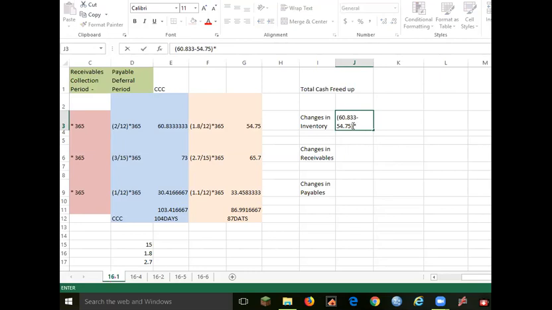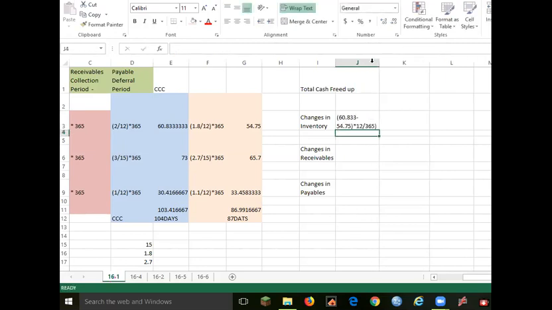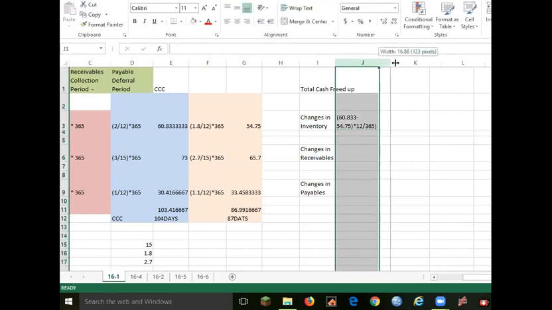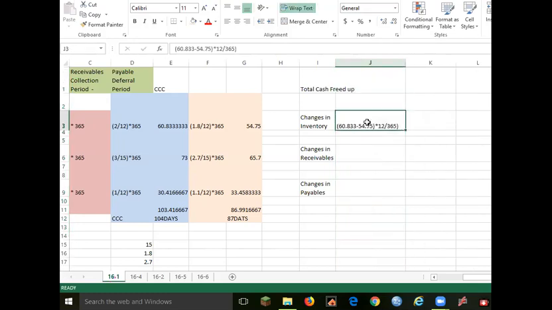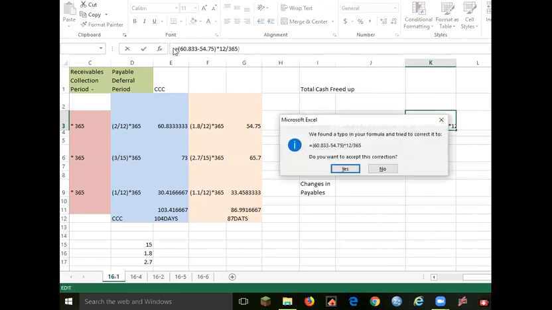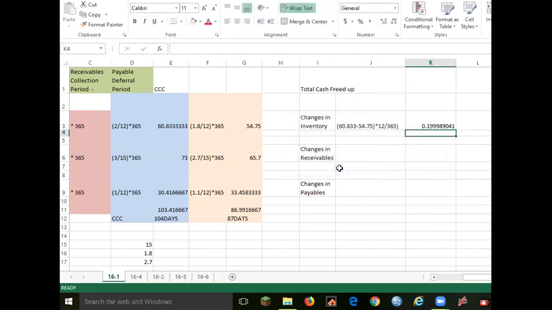And then simply we multiply it by the cost of goods sold per day. These are the dollar amounts, in millions, of changes in working capital, freed up capital.